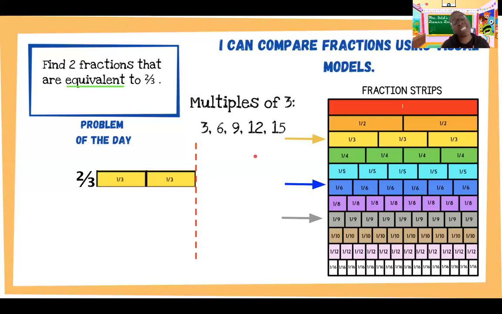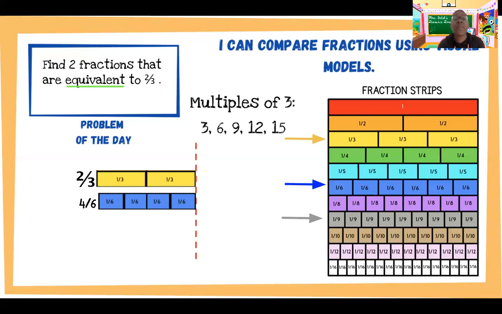That means we're going to need to drag them over and count them out and see how many it takes to reach the line. Let's do that together. 1/6, 2/6, 3/6, 4/6. We're there. It takes 4/6 pieces in order to equal 2/3. So 4/6 is equivalent to 2/3.